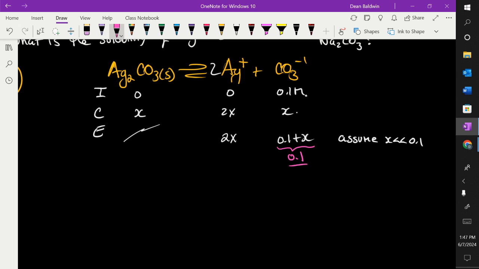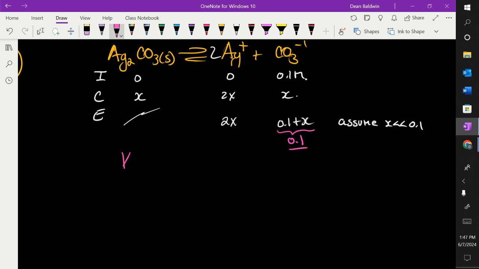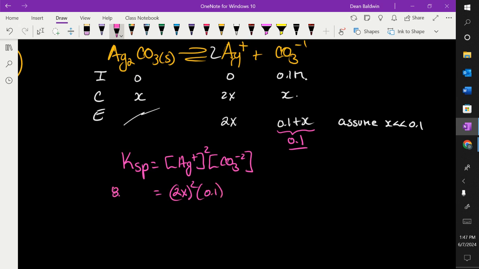And then you just write your Ksp expression. It's the concentration of silver squared times the concentration of carbonate. Carbonate is 0.1, silver is 2x, and the Ksp is pulled from your table.